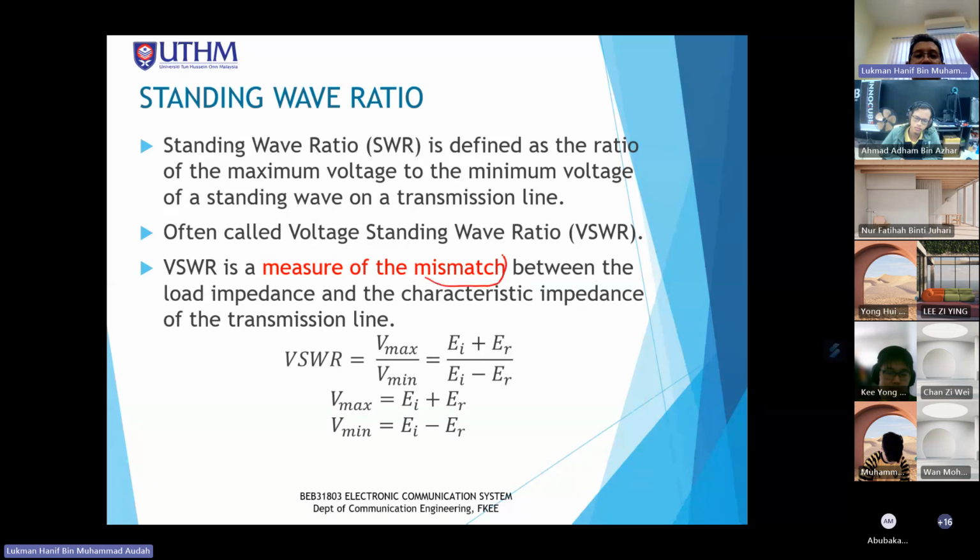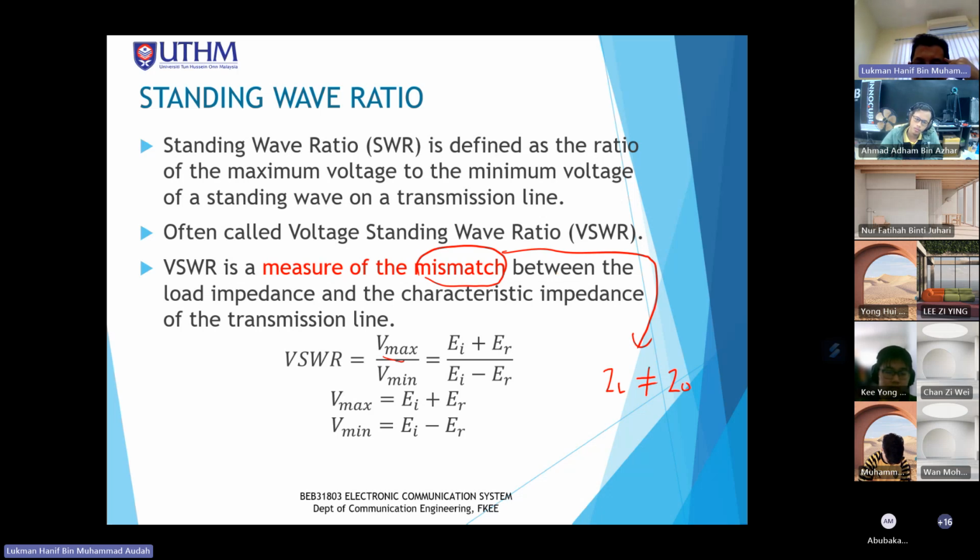Mismatch here means the load impedance is not equal to the characteristic impedance, which means a standing wave happens. VSWR can be measured as Vmax over Vmin.